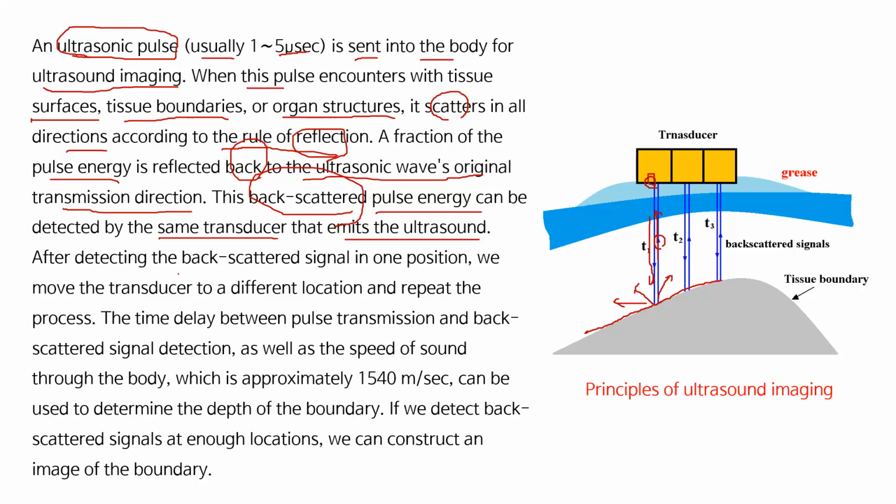After detecting the backscattered signal in one position, we move the transducer to a different location and repeat the process. In this transducer, we have several ultrasonic detectors. So the transducer is composed of many ultrasonic detectors.